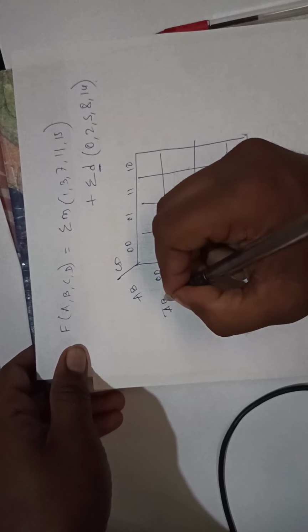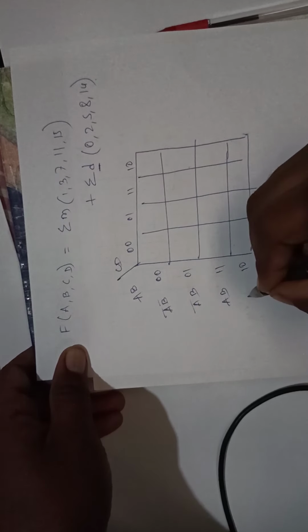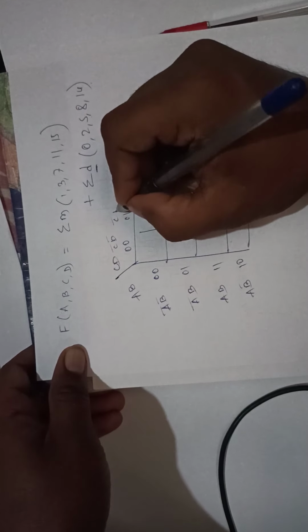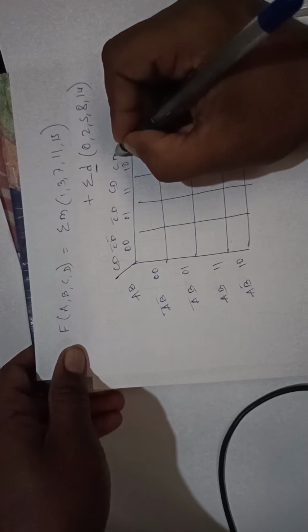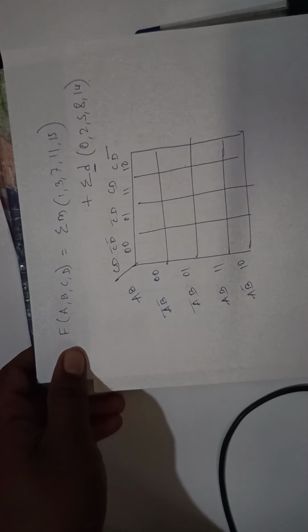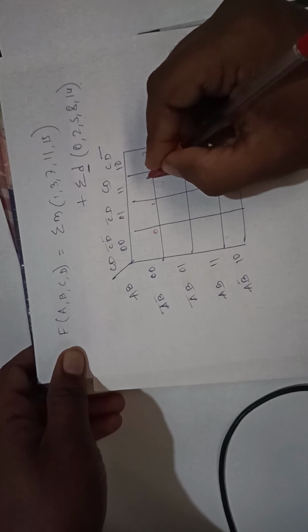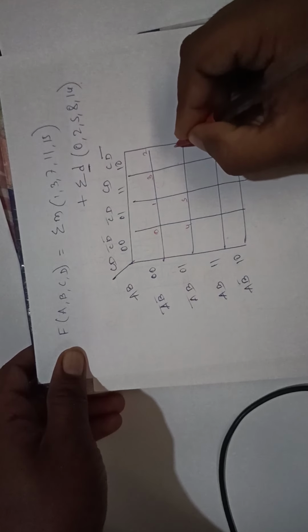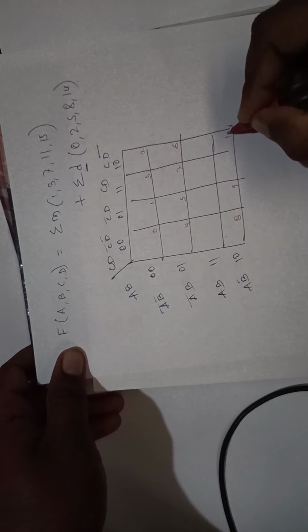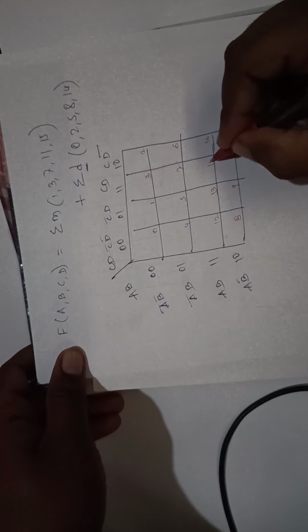Here A bar B bar, A bar B, A B, A B bar. Here C bar D bar, C bar D, C D, C D bar. Okay, we give the cell numbers 0 to 15.